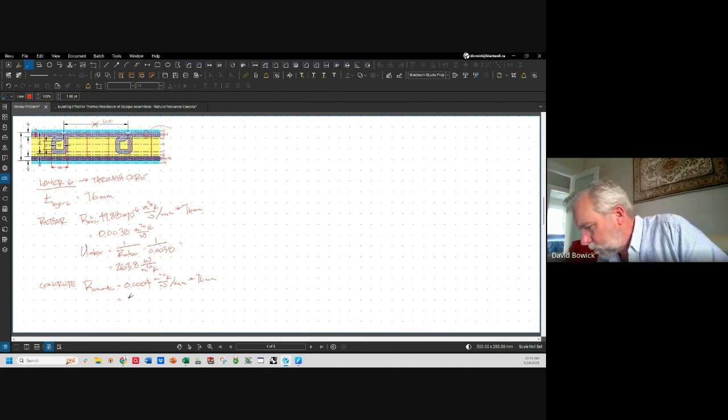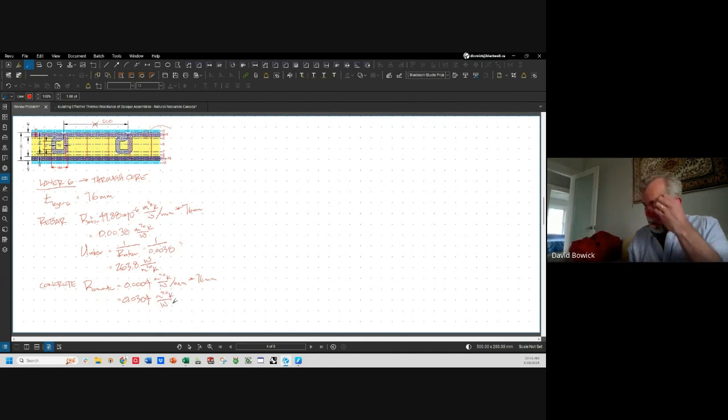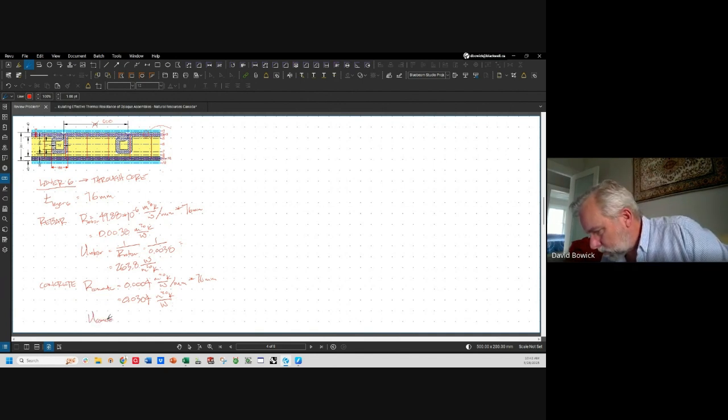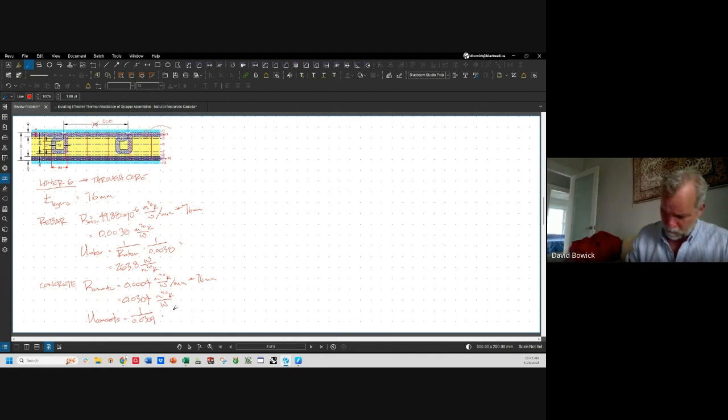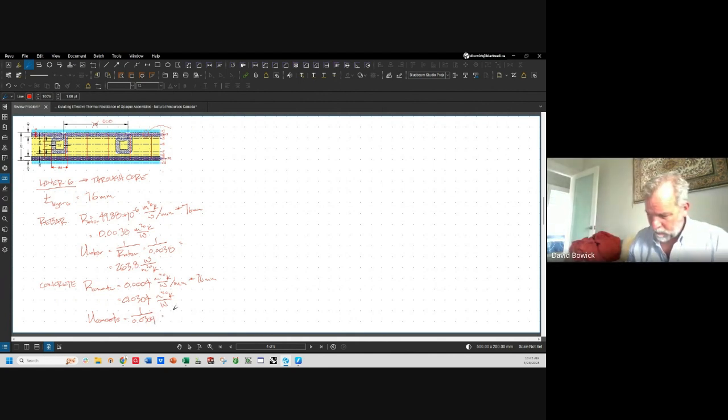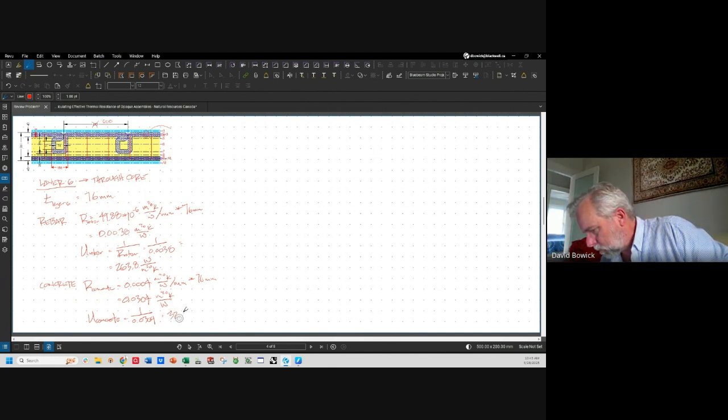So 0.0304. So then the U concrete, 1 over 0.0304, equals 32.9 watts per meter squared degree Kelvin.